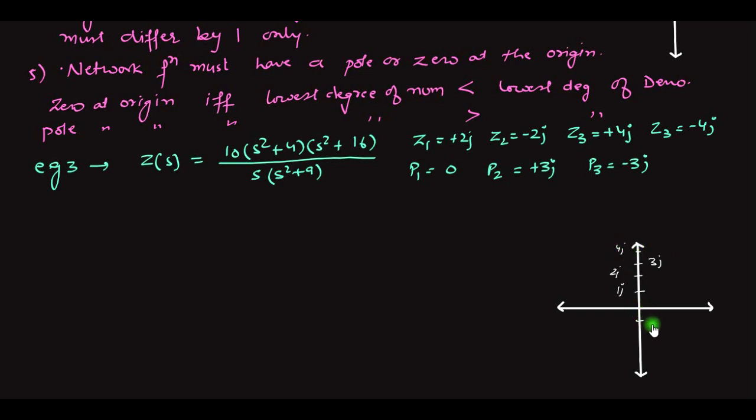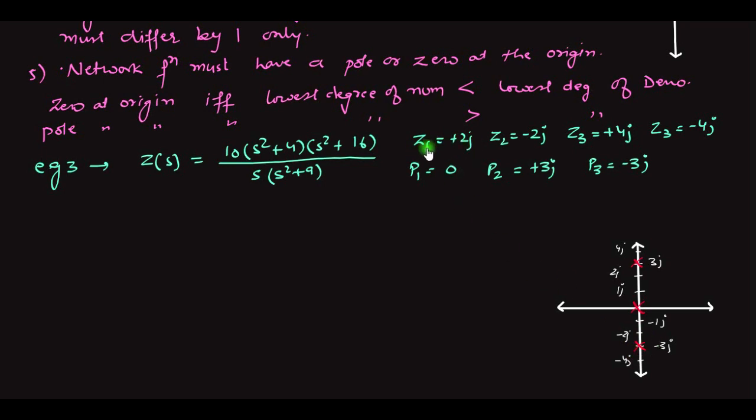And similarly, I have minus 1j here, minus 2j here, minus 3j here, and minus 4j here. Now let us plot the poles and zeros. The first pole is lying at 0, so I will put a cross at the origin. The next pole is lying at plus 3j, so I will put a cross there. Similarly, at minus 3j I will put a cross.